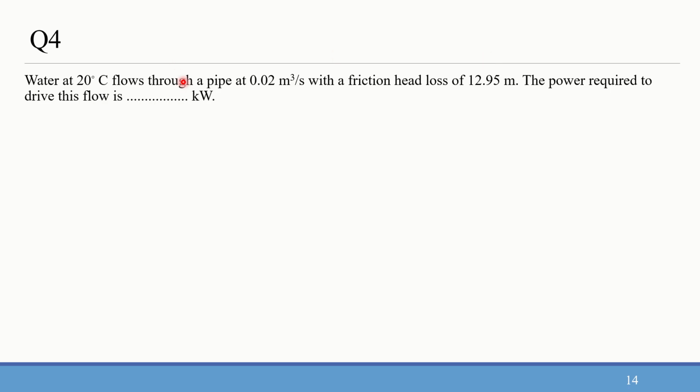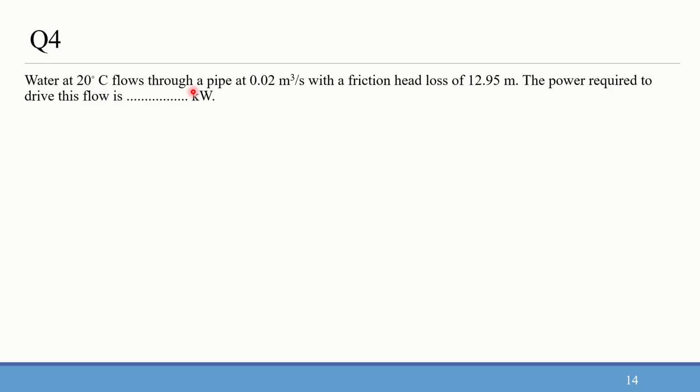Since this is a numerical problem, please make sure you are writing your answer in the proper unit, otherwise your answer may be right but it may not be proper according to the unit. So just check with that.